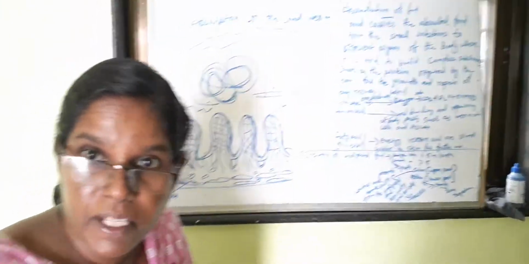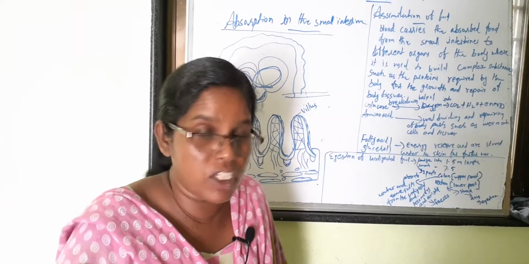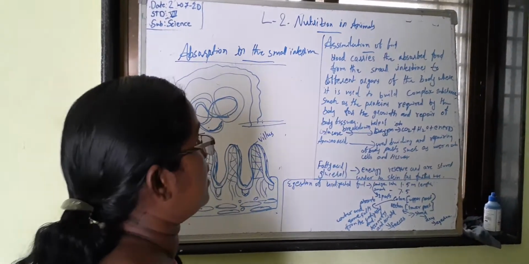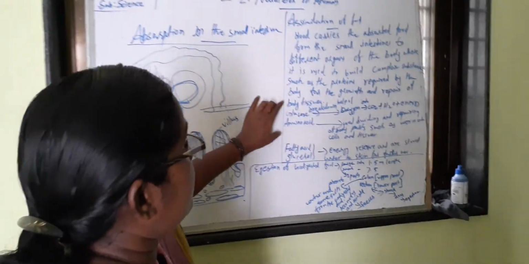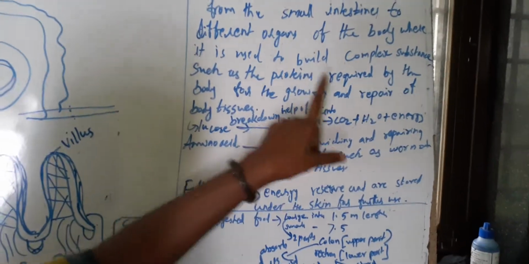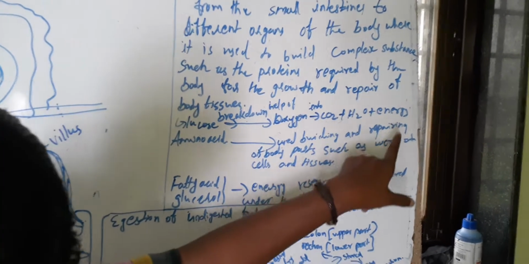Glucose is broken down with the help of oxygen into carbon dioxide, water and energy.